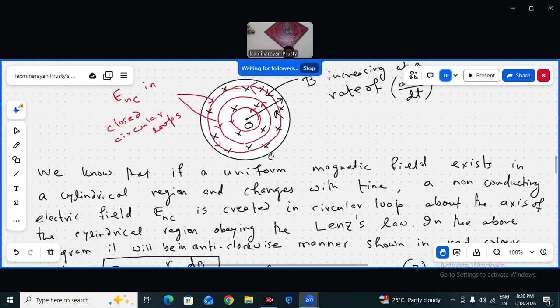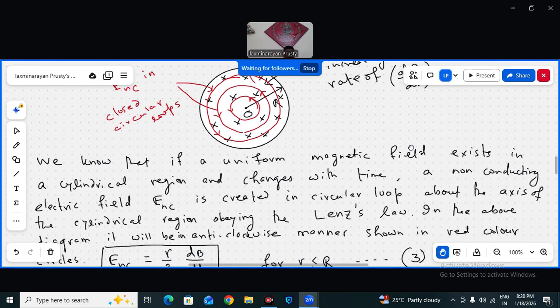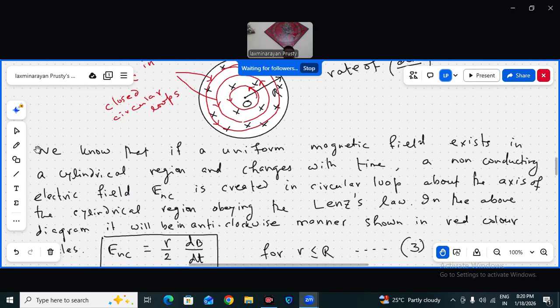A non-conservative electric field, which is known as E NC, I am writing here, appears in circular loops about the axis of the cylindrical region.